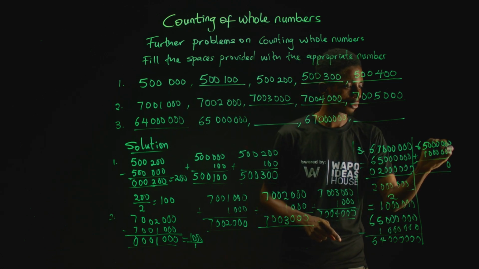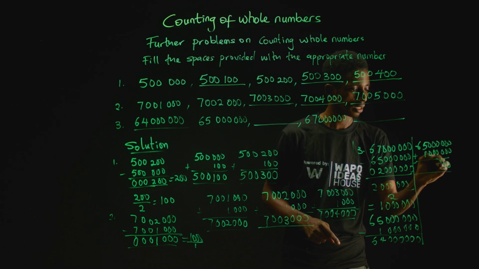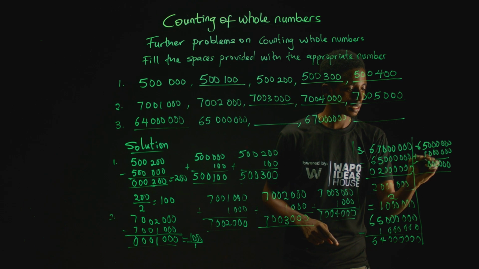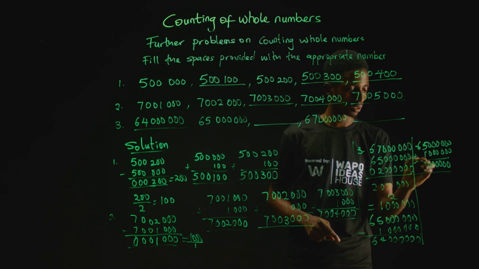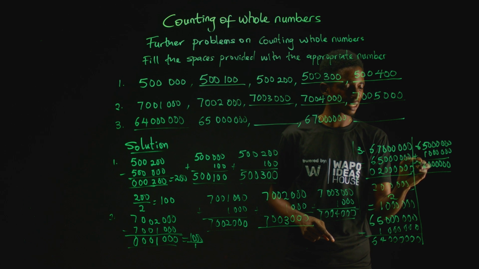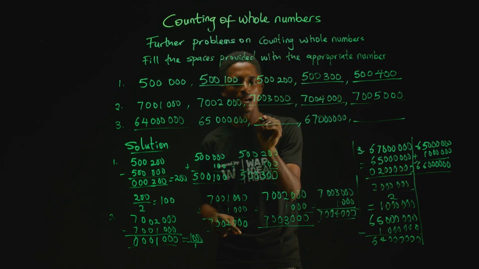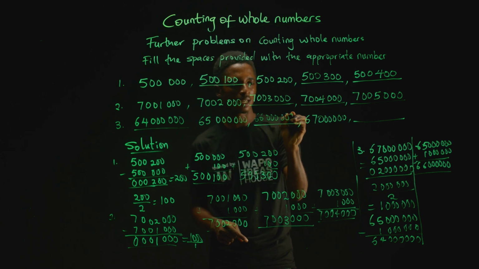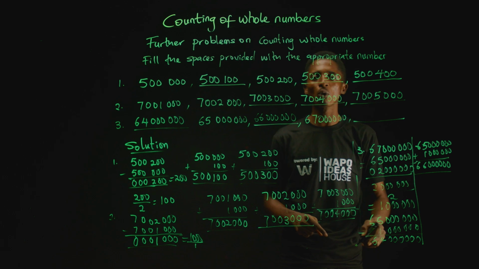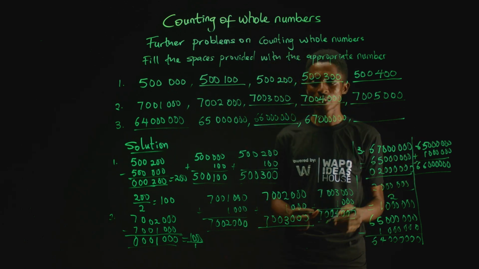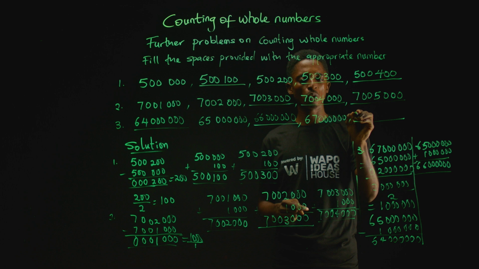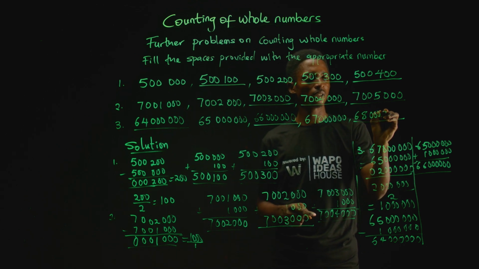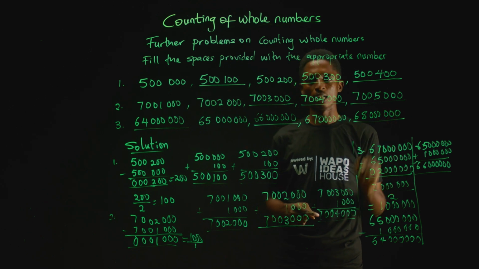The zeros give 0. Now 5 plus 1 is 6. And then 6 plus 0 is 6. So we have 66,000,000. Then for the final one, just add 1 million yourself. If you add 1 million to this, you will have 68,000,000.